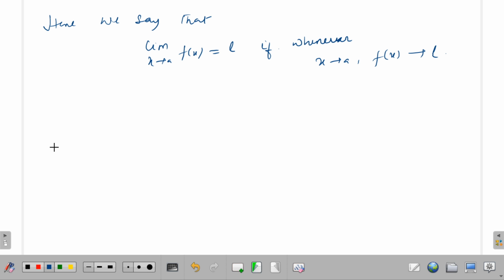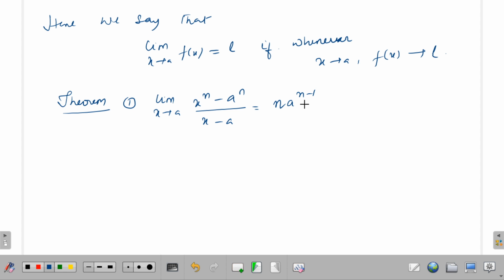Now that's all about your limit. You can pause the video and check once again from the beginning if you didn't understand. So there are some theorems regarding this limit. The first theorem is limit of x tends to a, x to the power n minus a to the power n divided by x minus a is equal to n a to the power n minus 1.